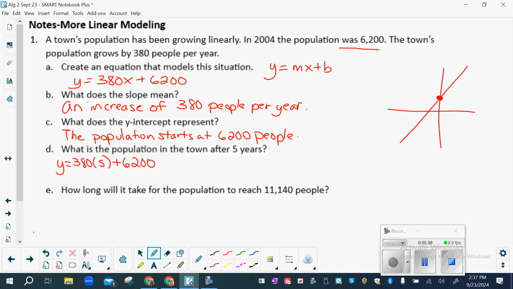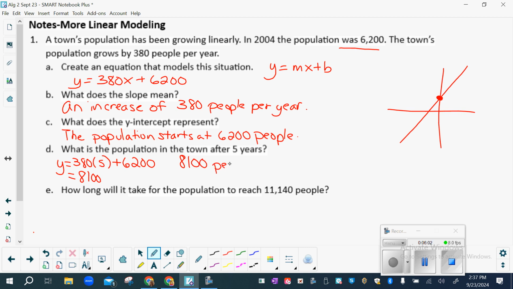So the time is independent, and the people are dependent upon the time. So we just plug that in, use a calculator, and we get 8,100. And that would be 8,100 people.